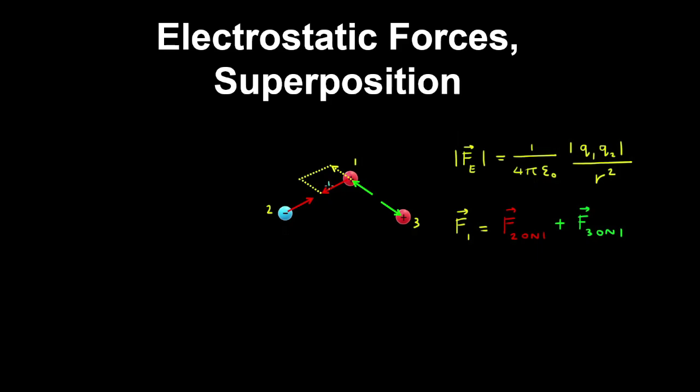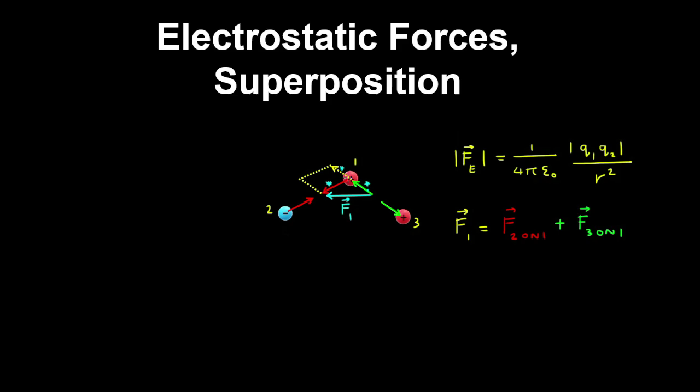So if we sum the force exerted by charge 2 on 1 and the force exerted by charge 3 on 1, then using the vector head-to-tail method, the net electrostatic force acts in this direction. And similarly, if we use the parallelogram method, we can draw the force exerted by charge 3 on 1 up here, such that this force and the force exerted by charge 2 on 1 form a parallelogram.